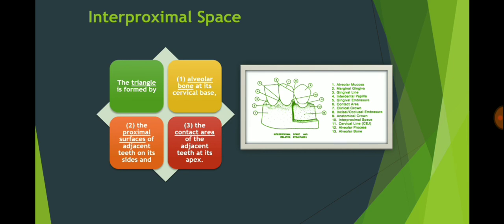And the contact area of the adjacent teeth at the apex. So the apex of the interproximal space triangle is the contact area. The base is the alveolar bone, and the sides of the triangle are the adjacent teeth. Okay?